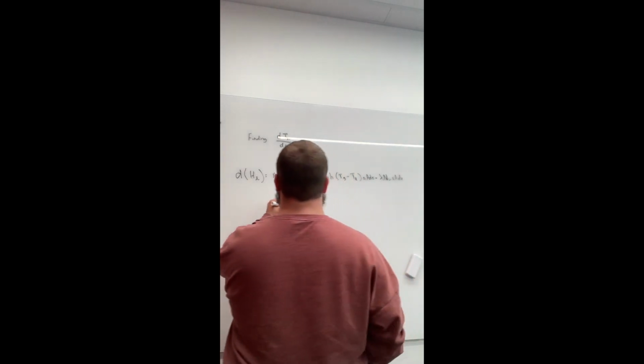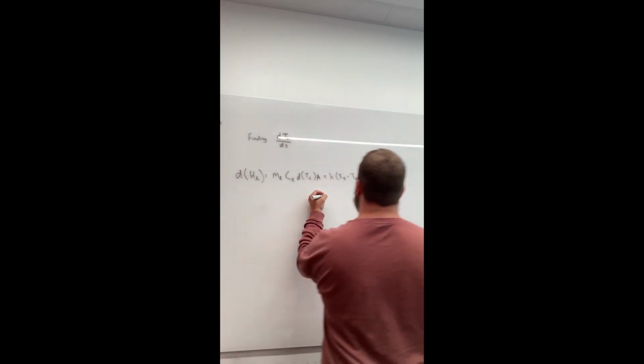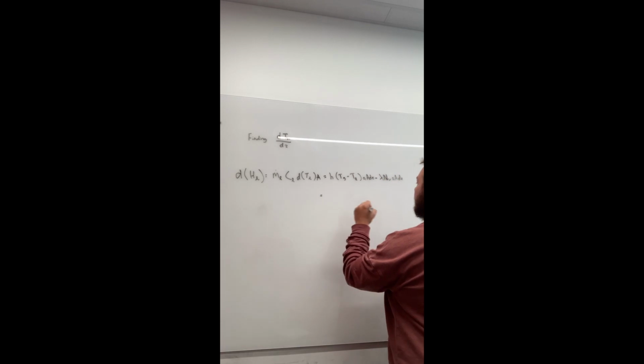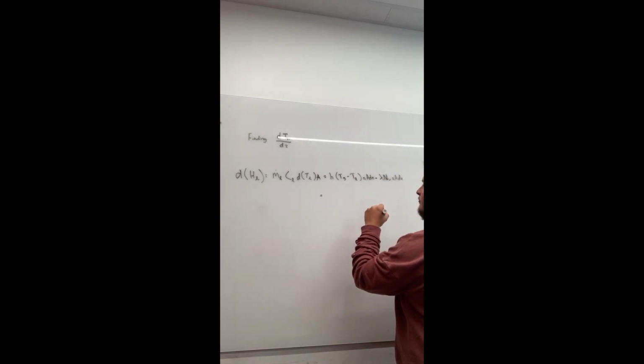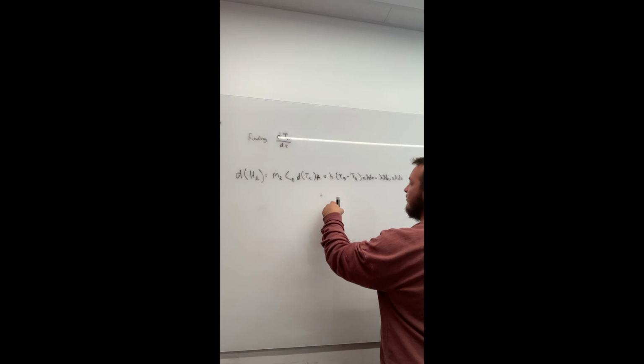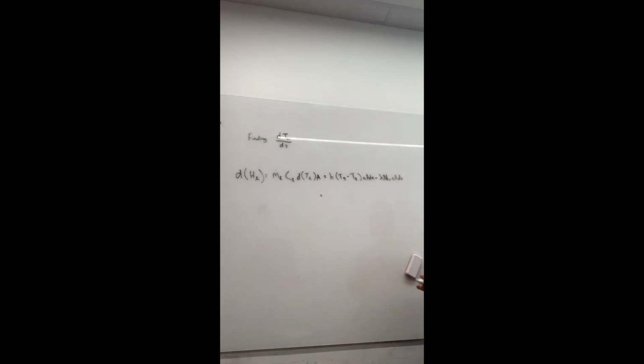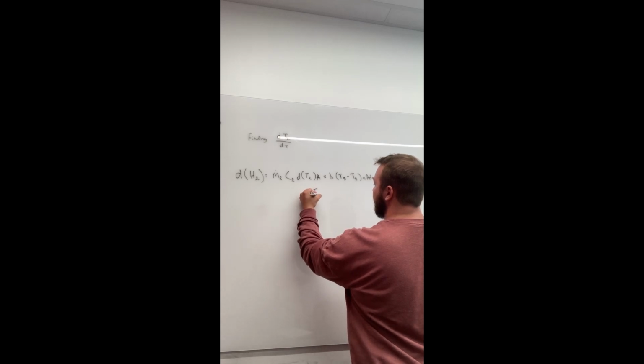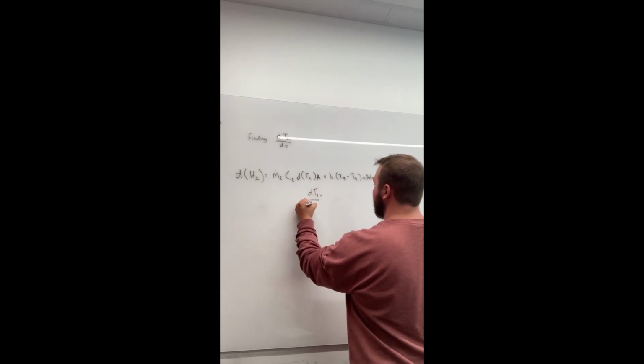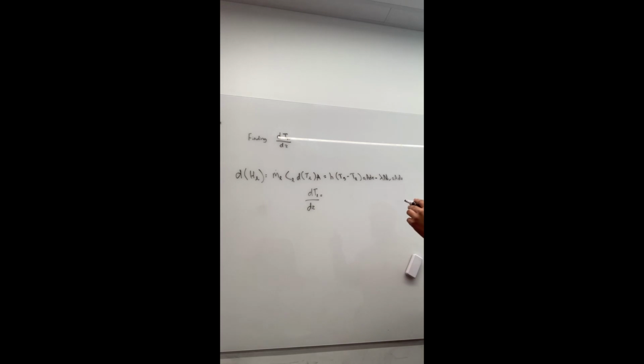What we're going to do is divide this over dz, and then we're going to have to divide those things over.